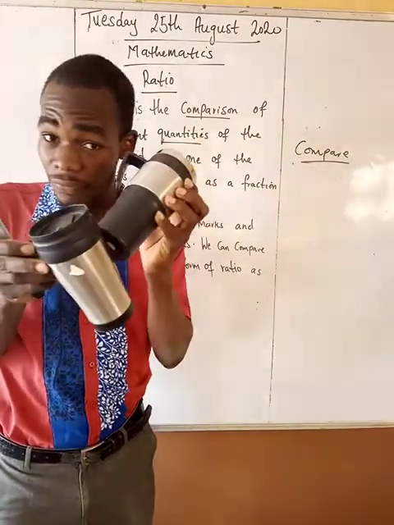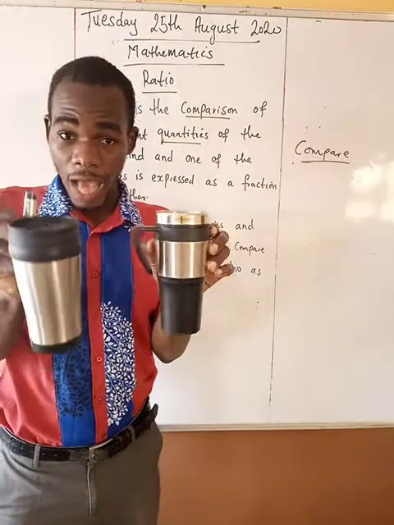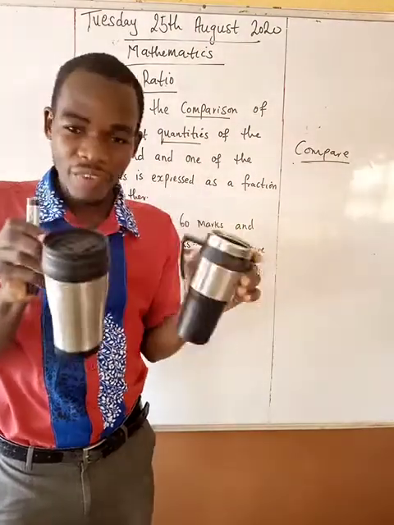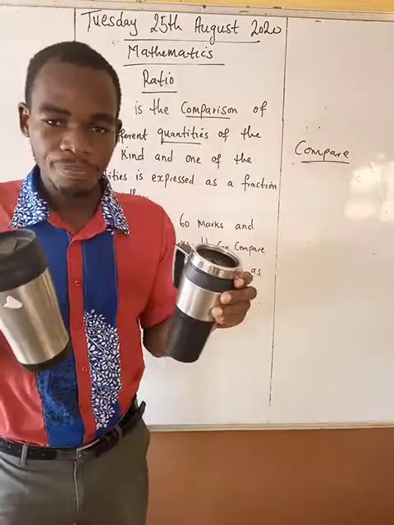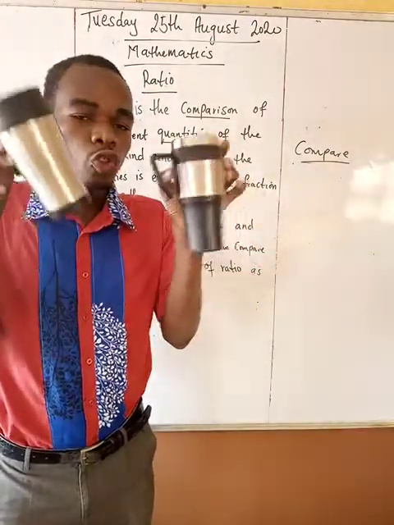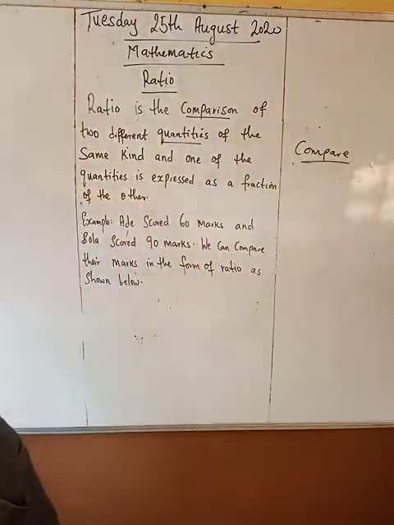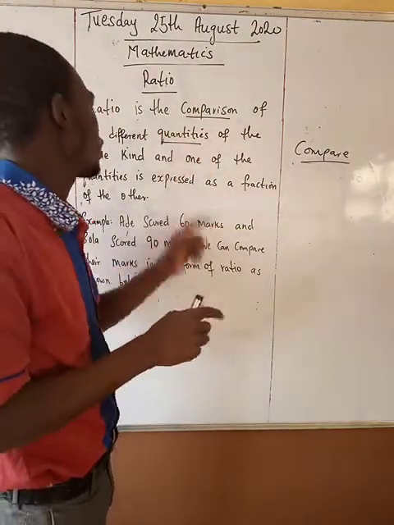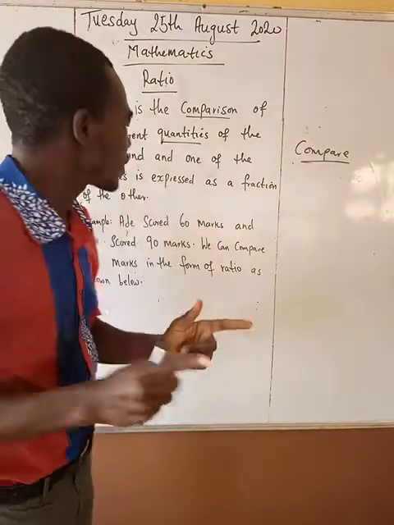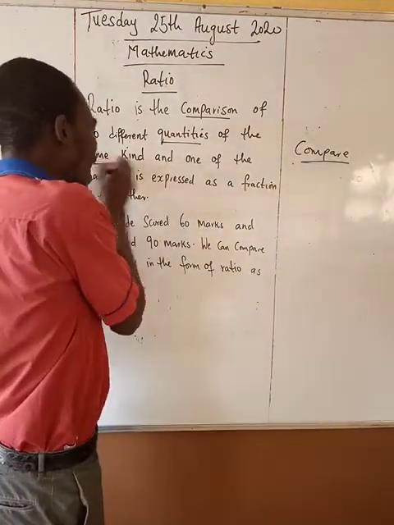And what does this have that this does not have? I don't know if you understand what I'm saying. So when I'm comparing, I'm trying to bring out the similarities and differences between two things. So when we talk about ratio here, ratio is the comparison of two different quantities of the same kind.